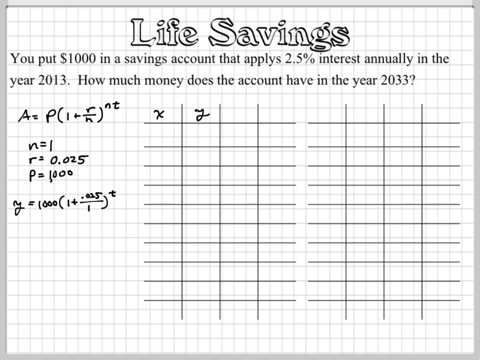So instead of t right there, we could put an x. Well, we know what the n is. It gets compounded once a year. The r is the rate. Our rate is 2.5%, so it's 0.025 as a decimal. And then our initial amount, which is p, is 1,000. And so here is our function, our equation.